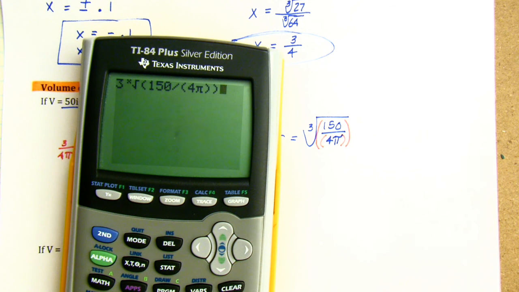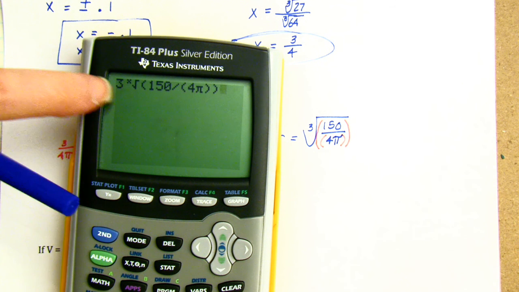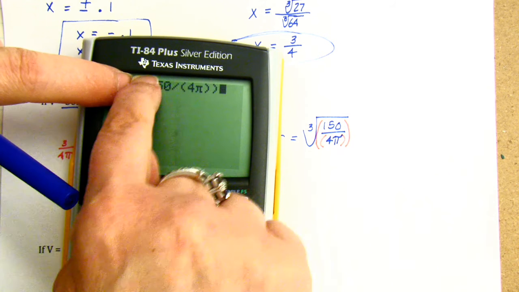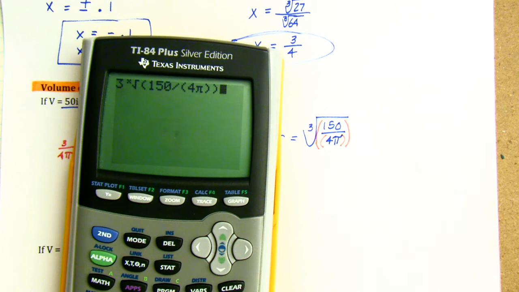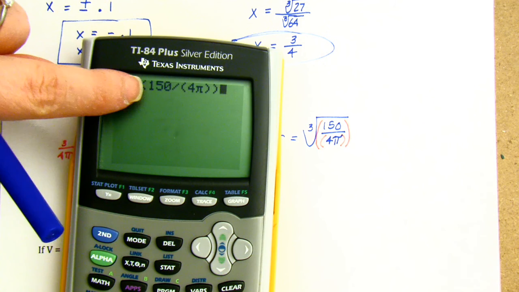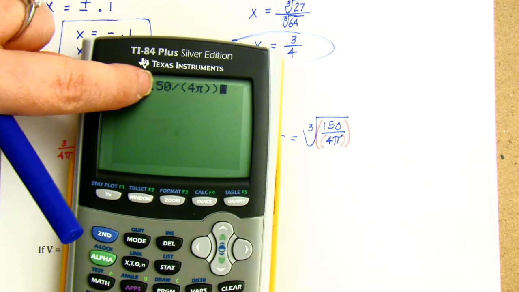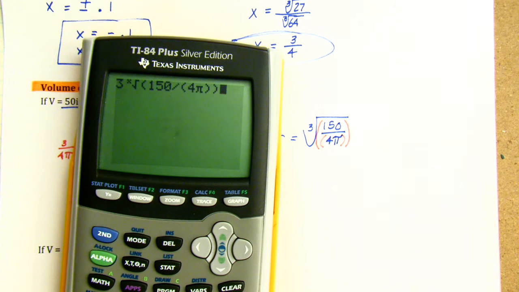It's really important for you to use the parentheses so the calculator knows what you mean. I want the cube root of this quotient. I want it to divide 150 by 4 times pi. Hit enter. You are rounding to the nearest hundredth.